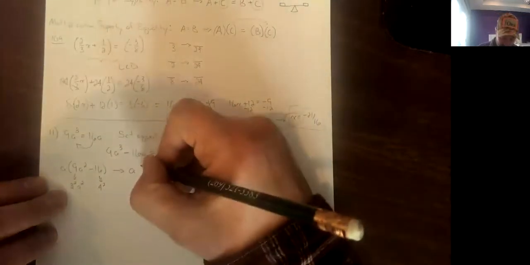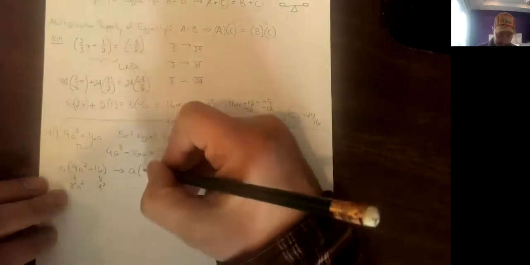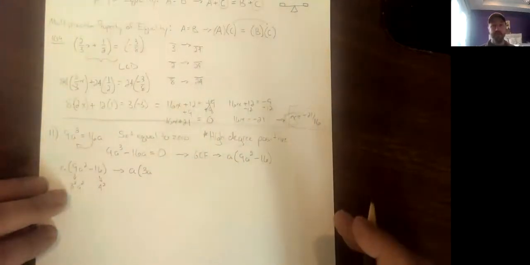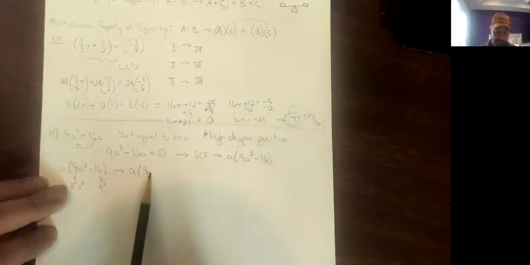I know there's a special rule for that: a plus b, a minus b. So I take my 3a, because the square root of 9 is 3 and the square root of a squared is a, and the square root of 16 is 4. So I have 3a plus 4, 3a minus 4 equals 0.